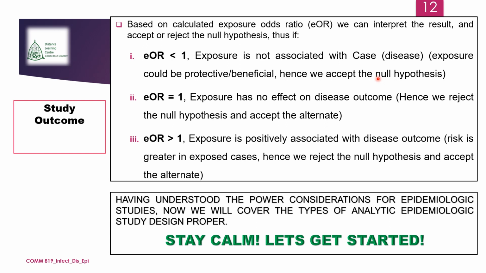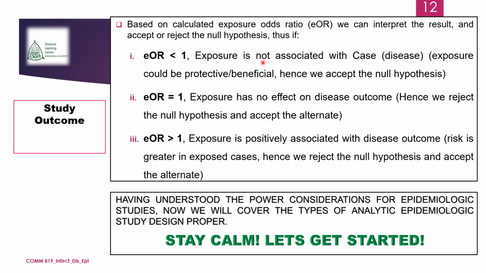Remember, our null hypothesis is always in the null form, that is negative form. For instance, you say cigarette smoking is not associated with lung cancer, but after subjecting your data and calculating your odds ratio, you find out that it's less than 1.